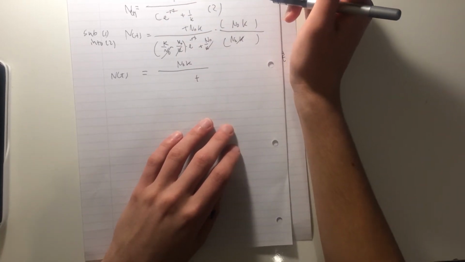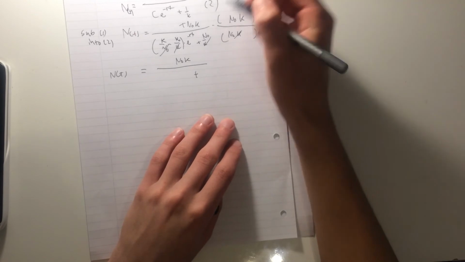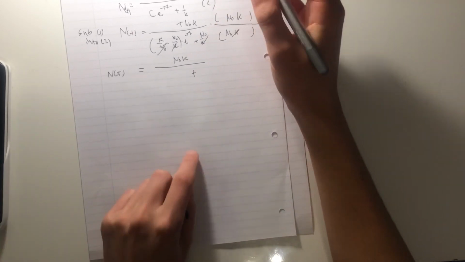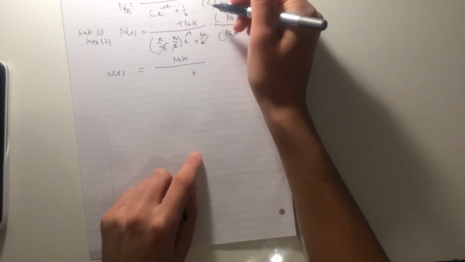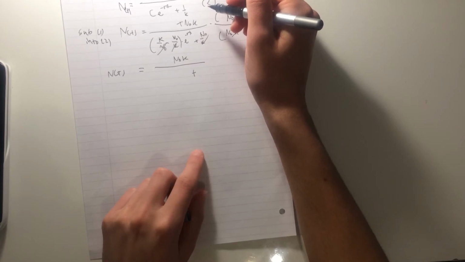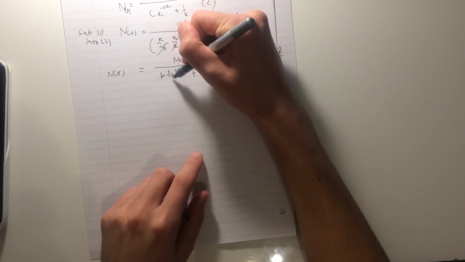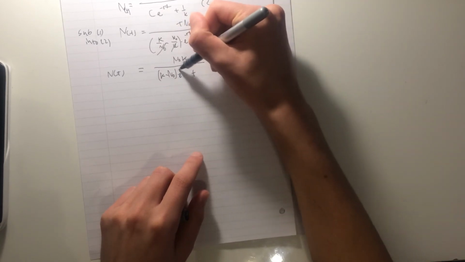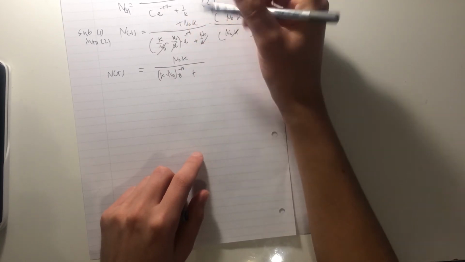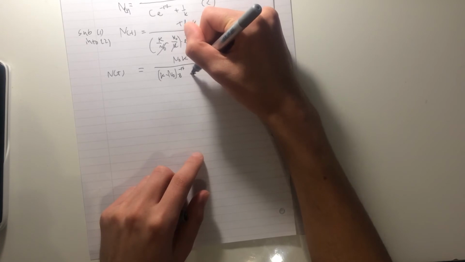So what we do now is we just rewrite it as a simplified version. So that's k minus n0 times e to the minus rt plus, this is a plus, not a t.